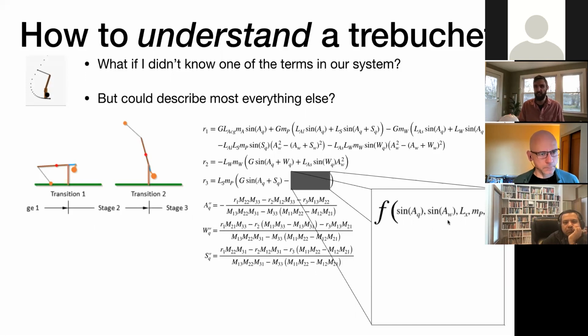And really, everywhere else they appear, I'm using the sine of these angles. So maybe let's give our function a leg up and think that maybe the sines of these are going to be passed in and potentially mixed with some lengths or some masses. We can have some intuition about which aspect of the system we're simulating and give our arbitrary black box function those inputs. This is feature engineering, right?